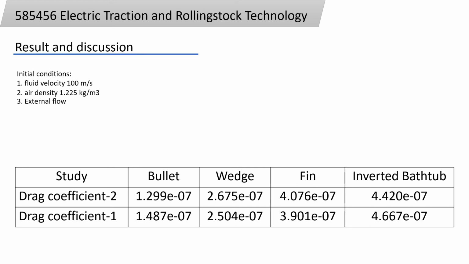So for the design of the nose train in modern technology, they combine bullet and wedge in the same nose, as presented in the earlier slides, where the Alfa-X is a combination of bullet and wedge.